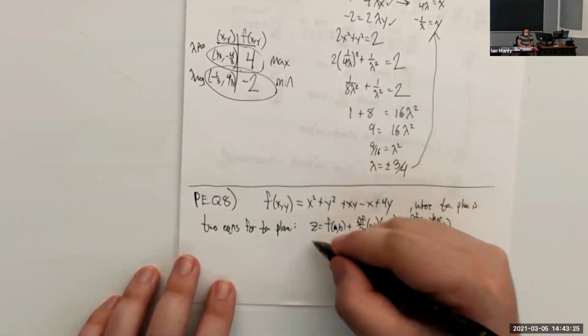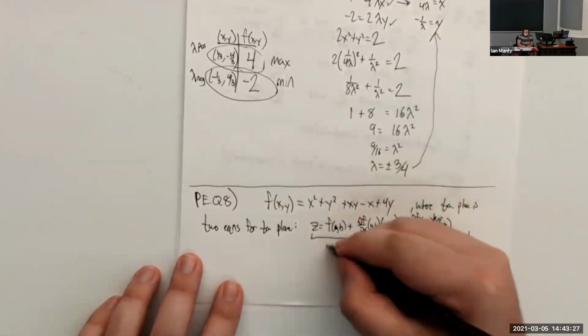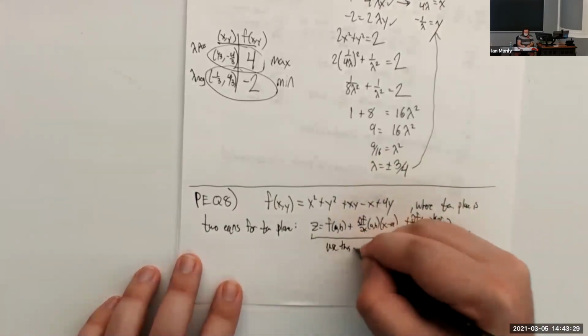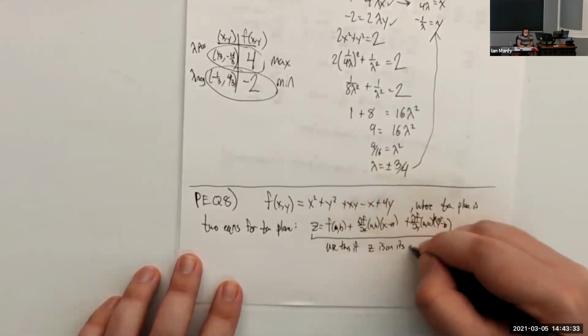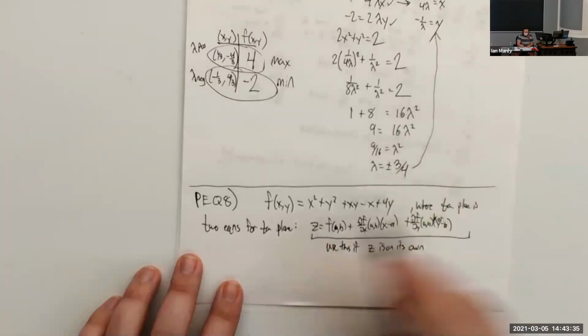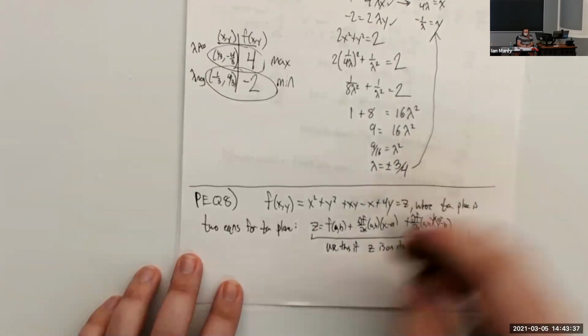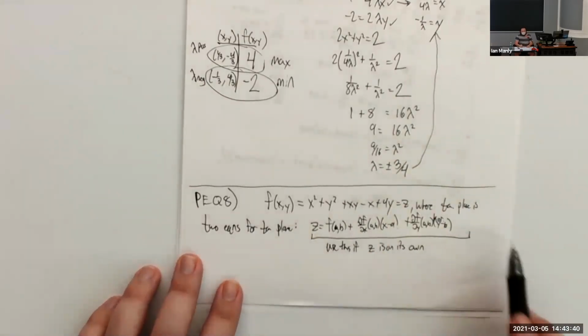Use this one if z is on its own. So if I wanted to find a tangent plane for f of x, y, I would probably use this formula.